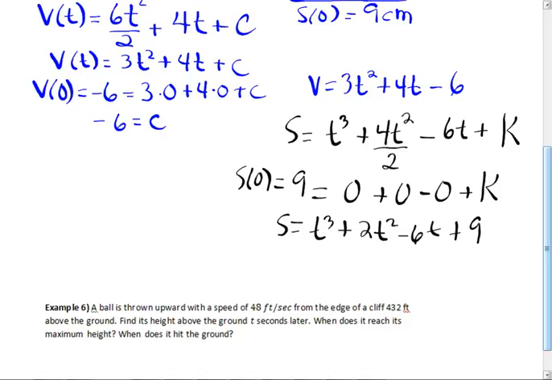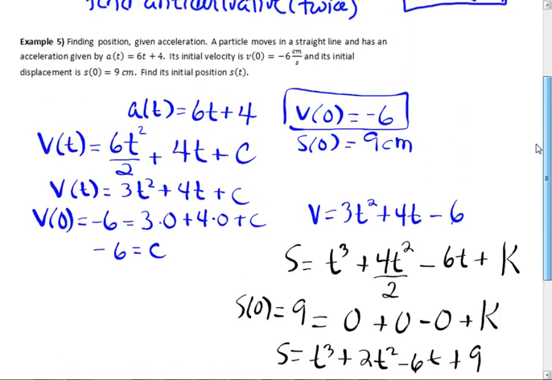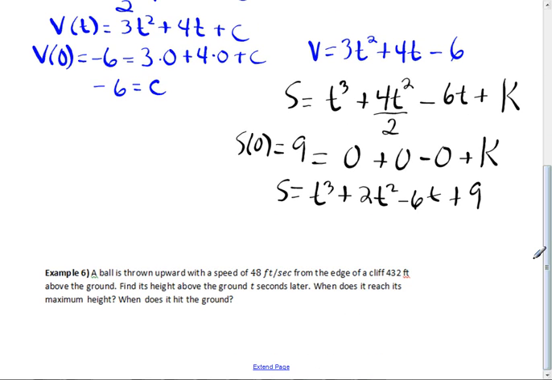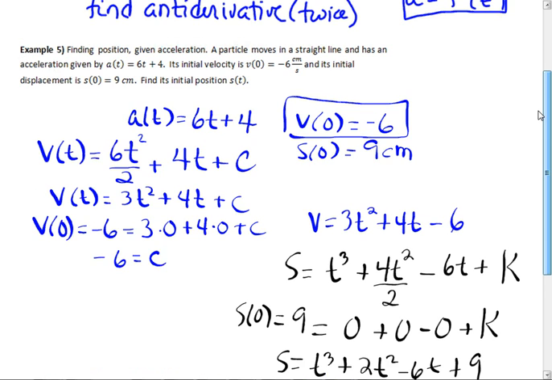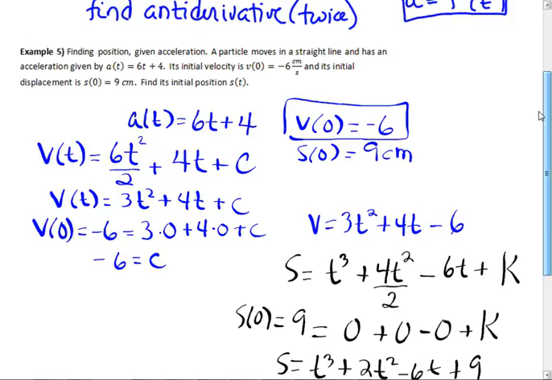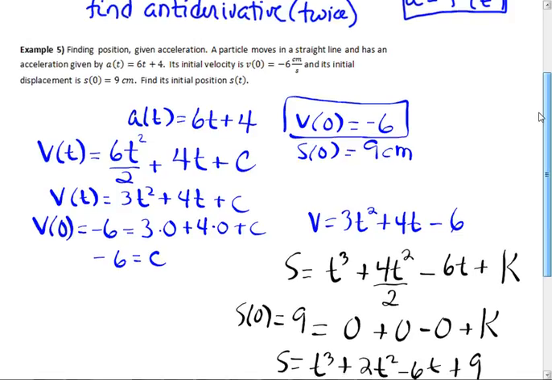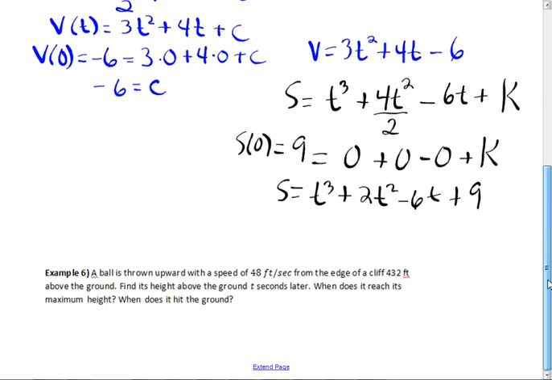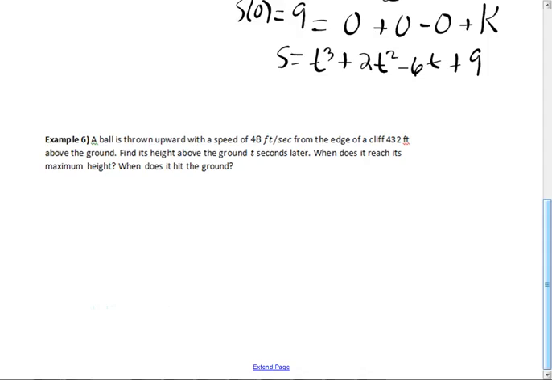Is that all that's being asked? And then they gave us the initial position. No. They want the position equation, not s of 0, but s of t, which is what we have. We're done. We can check it with the book, too, because it's right out of the book.